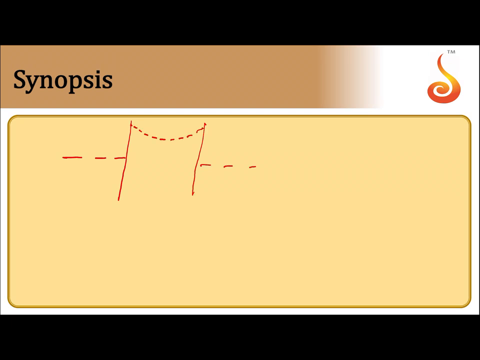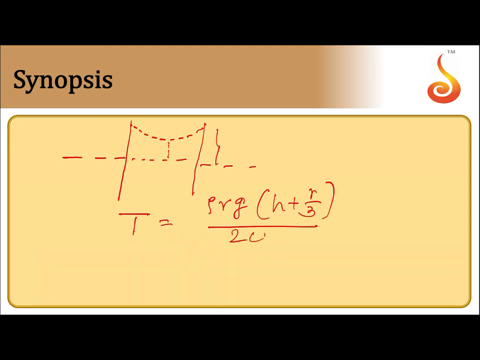If I take this actual h into consideration, then the surface tension T can be written in the corrected form as rho r g into (h plus r by 3) divided by 2 cos theta.